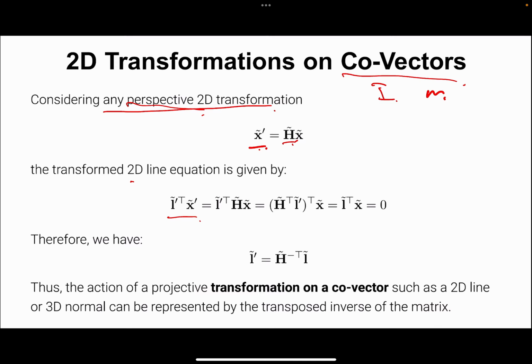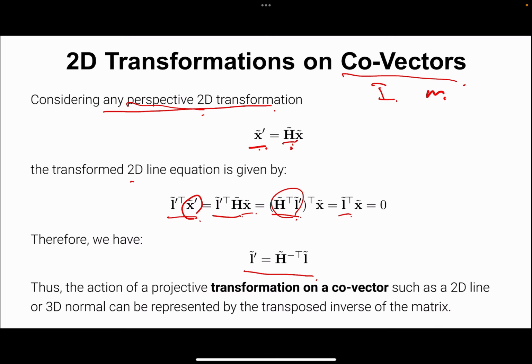Then we replace x prime with the multiplication of the projective matrix and some point x, and with simple math we can redefine this as another covector. Therefore, we have l prime equals H minus transpose l.